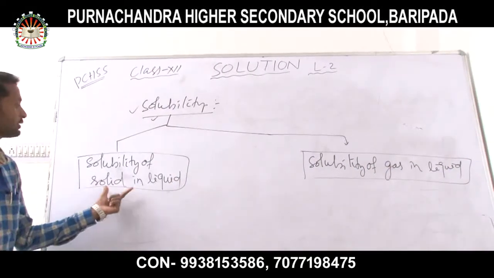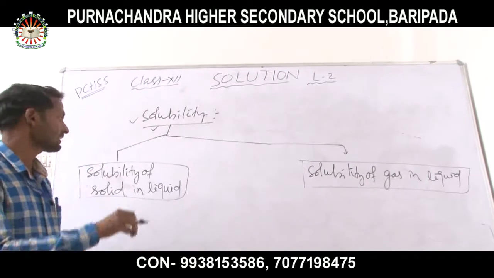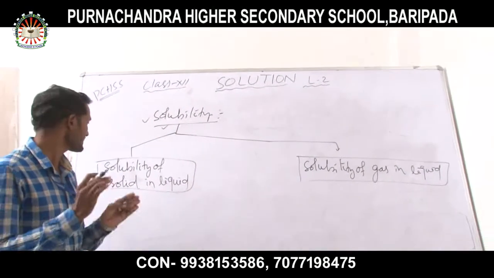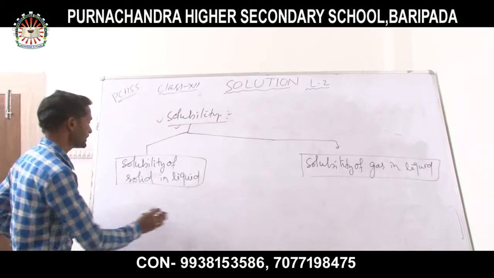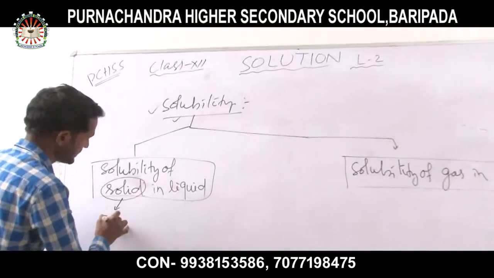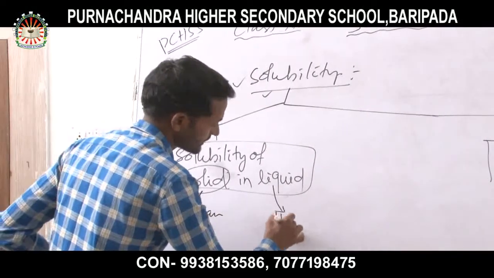Now the solubility of solid in liquid means the solid dissolves in liquid until it gets its maximum point or maximum solubility power. So no more solid can dissolve. Solid means we can take an example like sugar or NaCl, and the liquid is water.